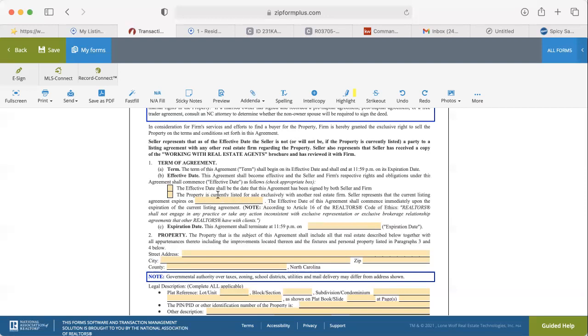This says you can sign a listing agreement with a seller who is currently under contract with another listing agent, but this agreement does not go into effect until that one expires. And so that expiration date would go into this first blank right here.